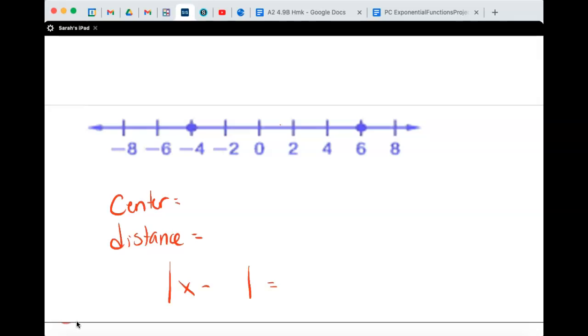Must be exactly in the middle. Not too bad.